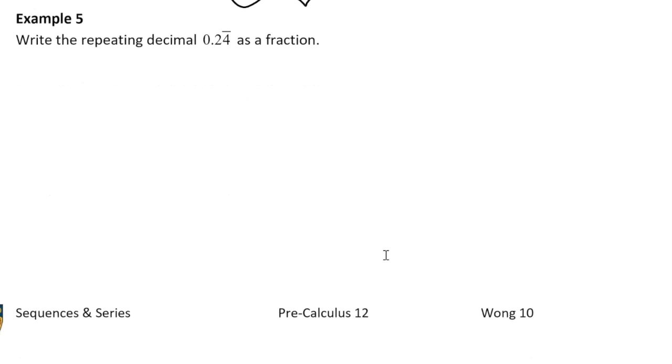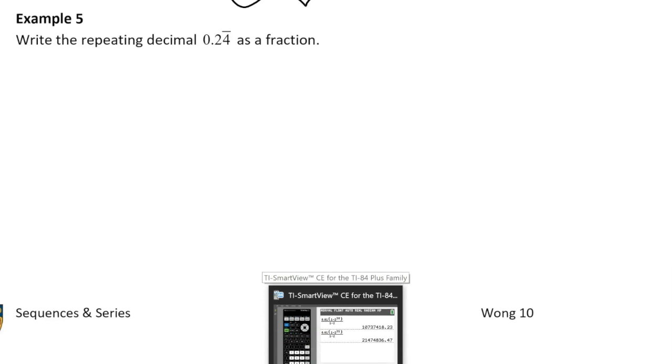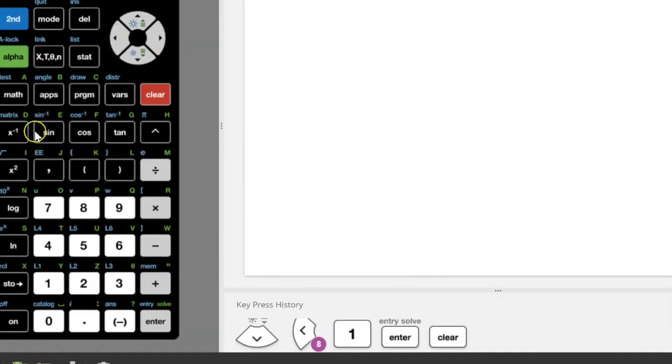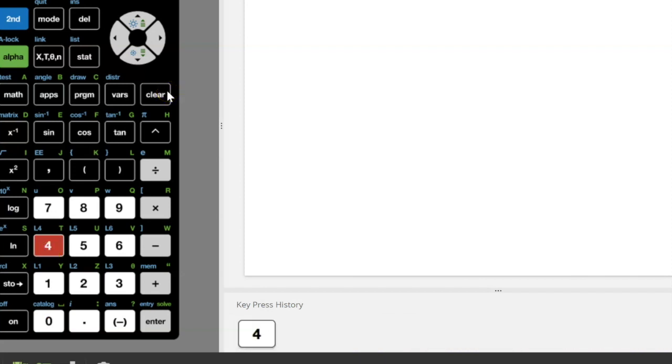Now for a question like this, and this is kind of weird, 0.24 repeated. Take a look at something like this. If you said something like 0.2, and then you type in a ton of 4s. Let's see, I just got to change my format here.